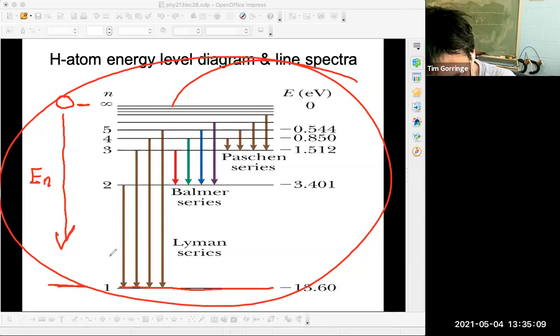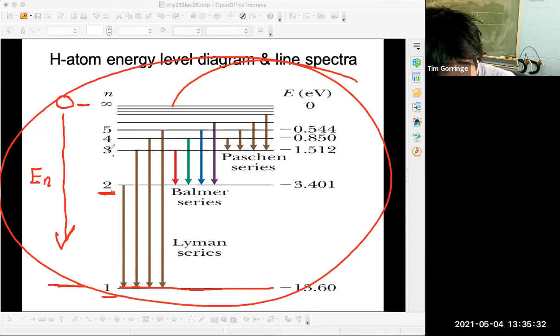The first excited state, here was the ground state, here's the first excited state, n equals 2. Its binding energy is 13.6 over 2 squared, over 4, and that's 3.401 electron volts. And that's the pattern that continues.